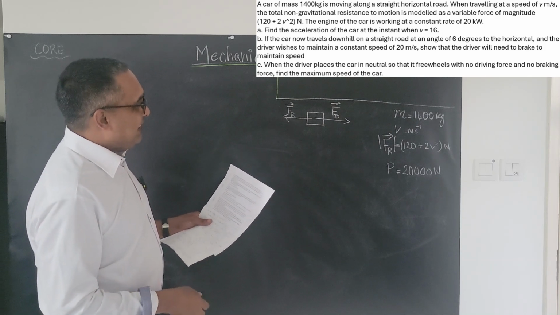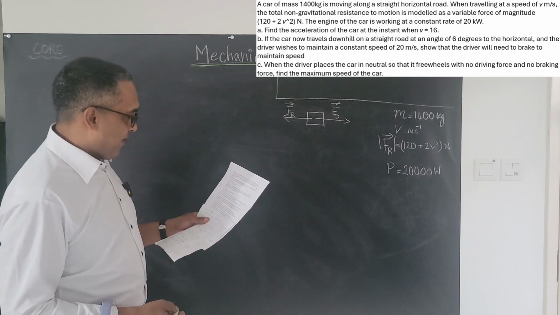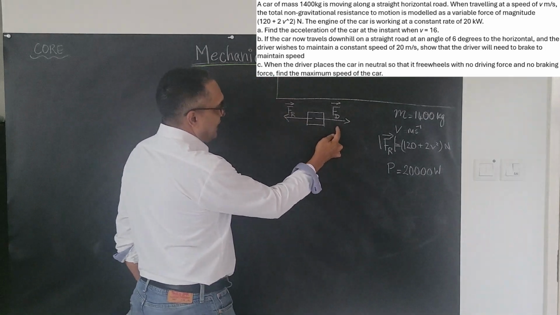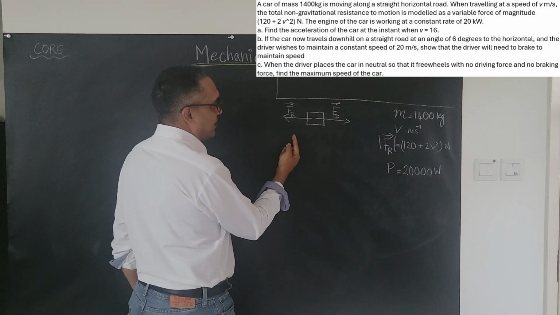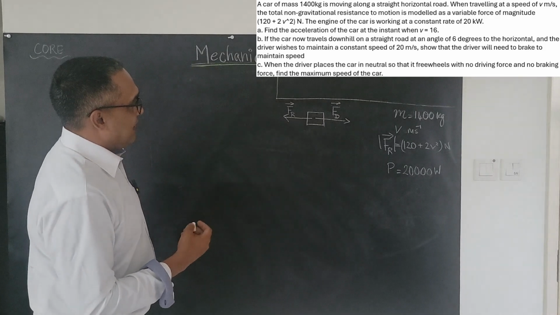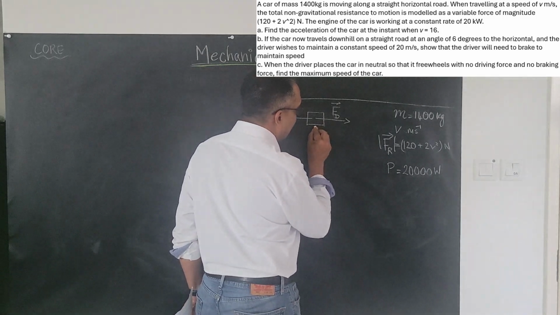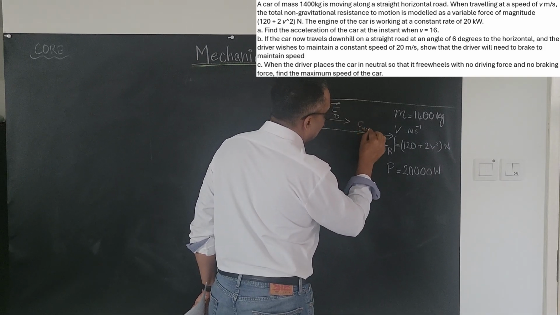He says there is an acceleration component here, right? So we know here that FD is greater than FR. So it's overcoming resistance and it's driving forward. So that means there is a net force that's propelling this car ahead, right? So there is a net force.